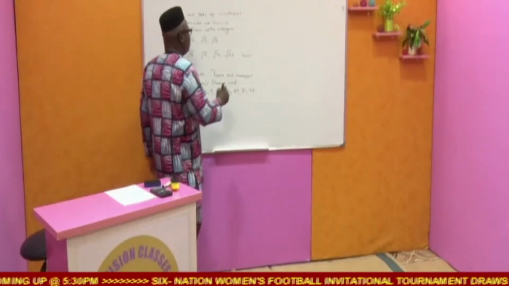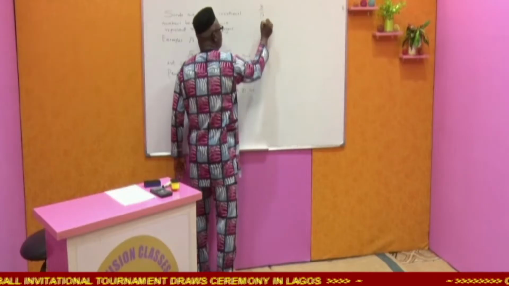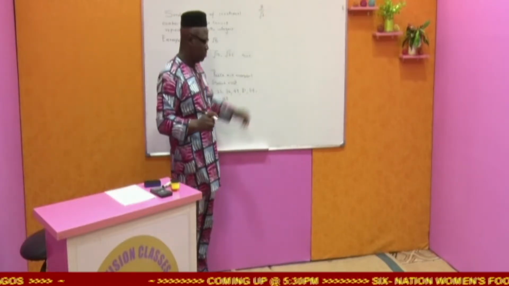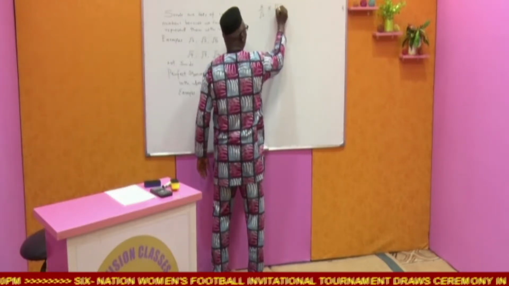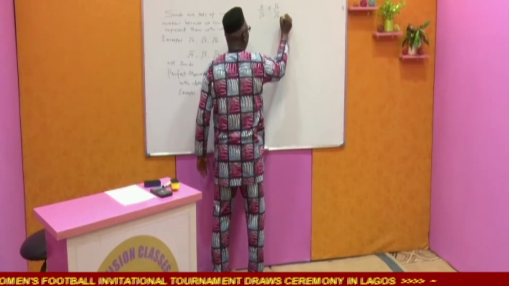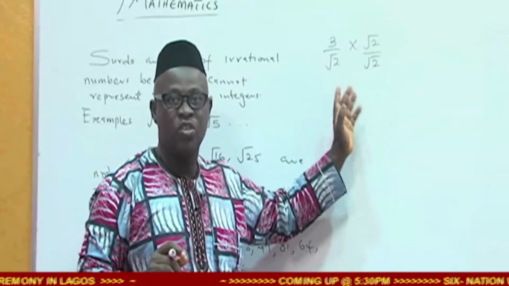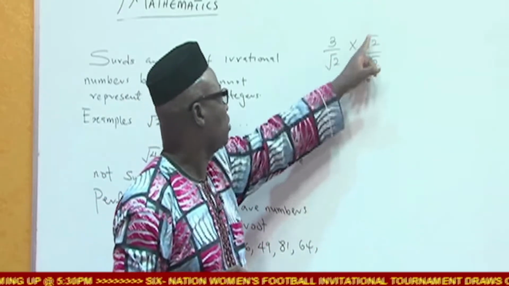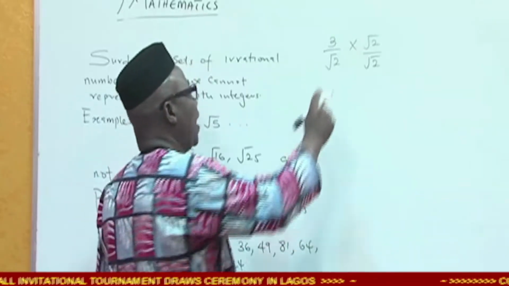If I need to simplify something like 3 divided by root 2, because my denominator is a surd, then I'm going to rationalize by multiplying by root 2 divided by another root 2. What I've done here, the procedure, is called rationalization. I've not actually changed the question, because root 2 all over root 2 is the same as 1. So I can do the multiplication.